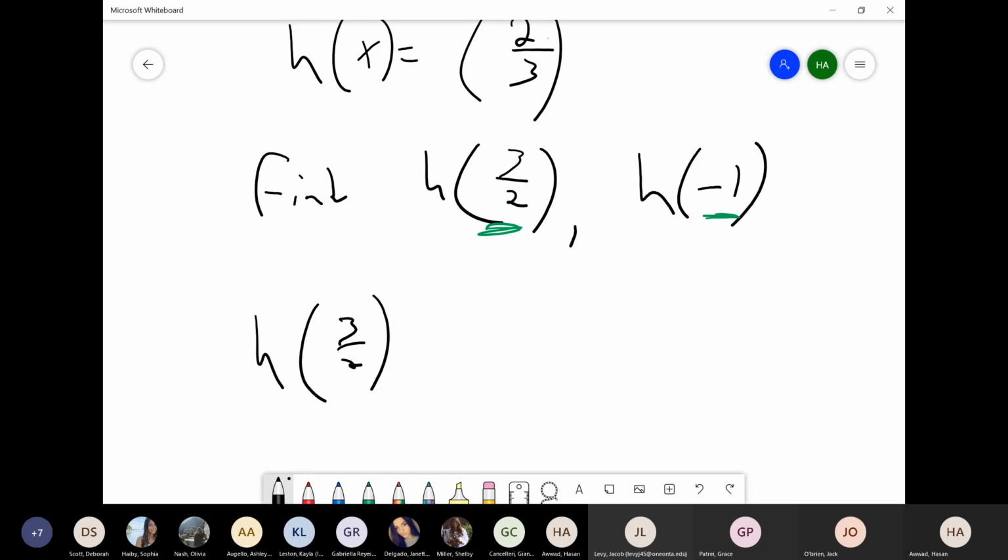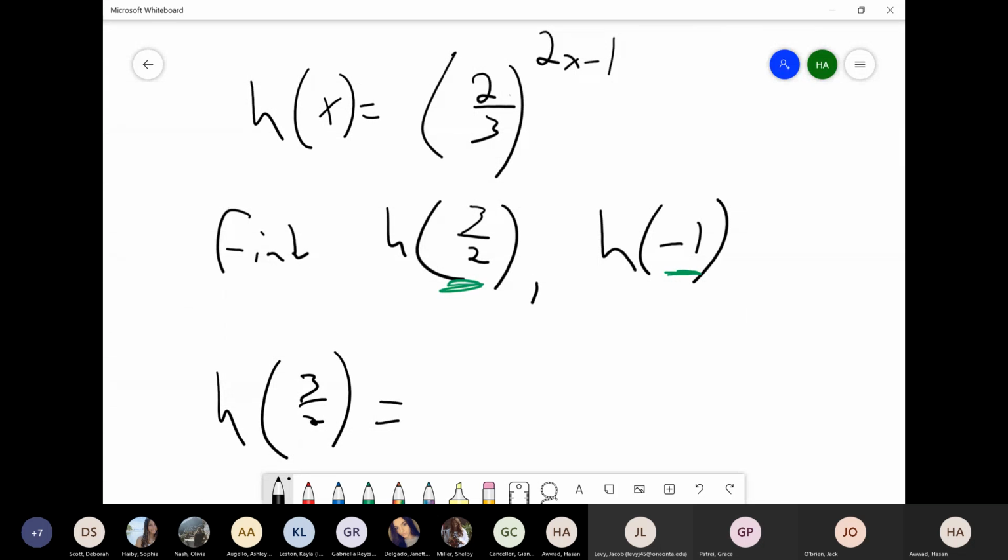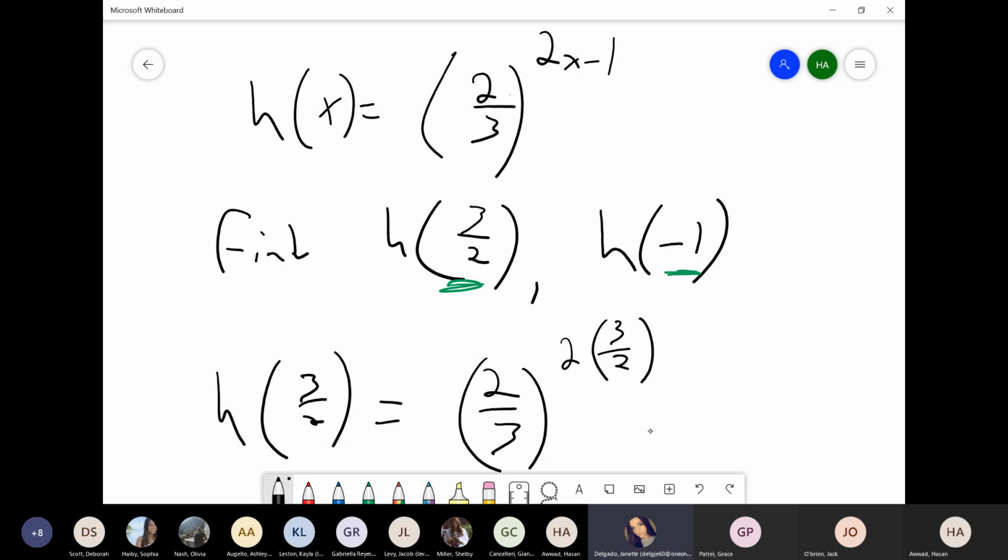So h of 3/2. Okay. So Jeanette, if you can help me out, I just want to get this in the correct form. Help me plug in 3/2 wherever there's an x in my function here. 2/3 to the 2 times 3/2 minus 1.